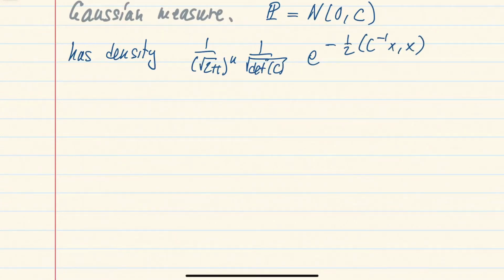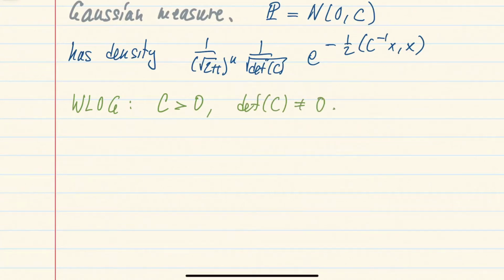In this particular case, without loss of generality, we assume that the covariance matrix is strictly positive, or the determinant of C is not zero.